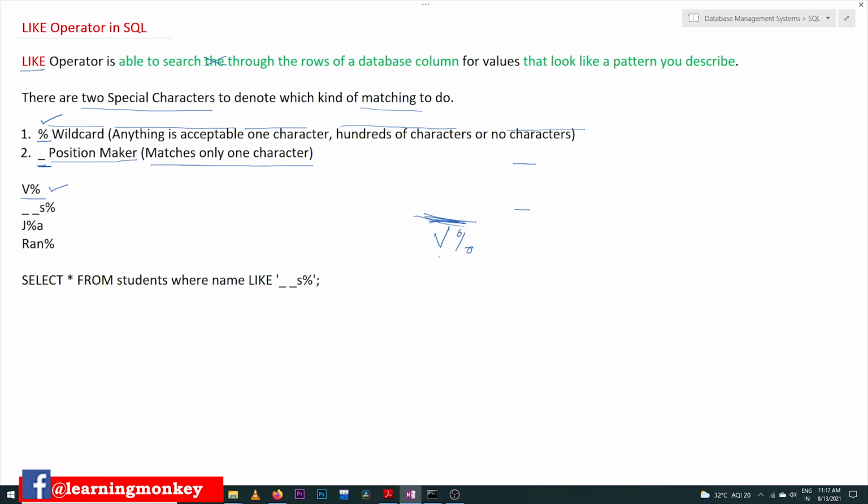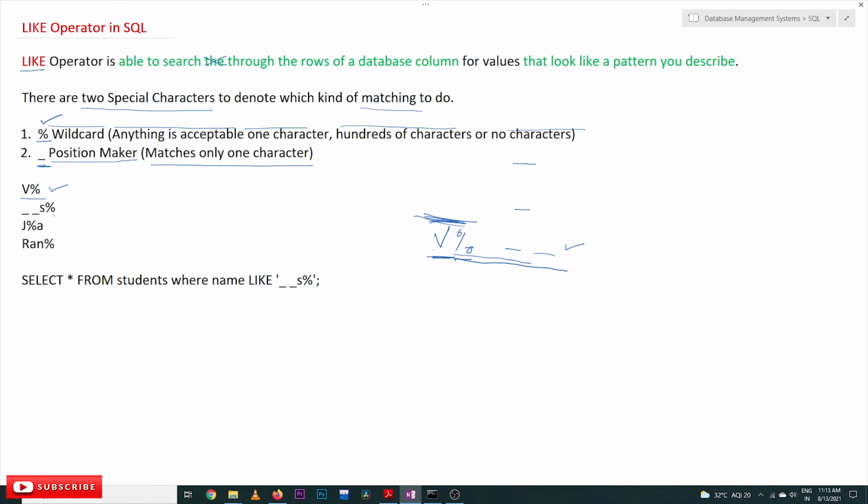If the value in a column starts with capital V, it is also case sensitive, and the percentage means after that it may have any number of characters. So if it starts with capital V, it may have hundreds of characters or spaces, whatever it may be. If it starts with capital V, then all those rows are to be fetched.